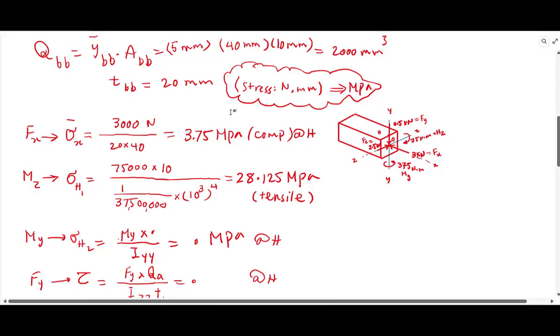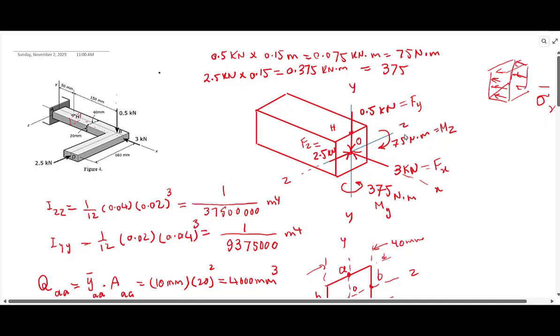So this is just a hint for stress calculation. One tip is to keep the forces in newton and dimensions in millimeter. Then you would get stress calculated in megapascal, and that's what we did. So that normal force would result in 3.75 megapascal at point H, and everywhere else that's uniform as I showed here.